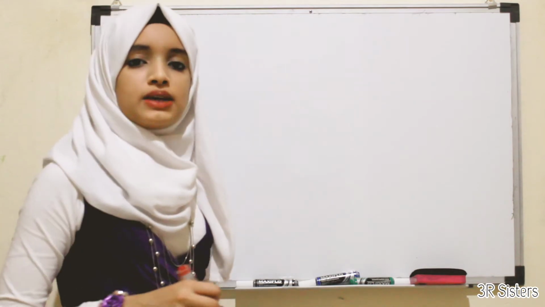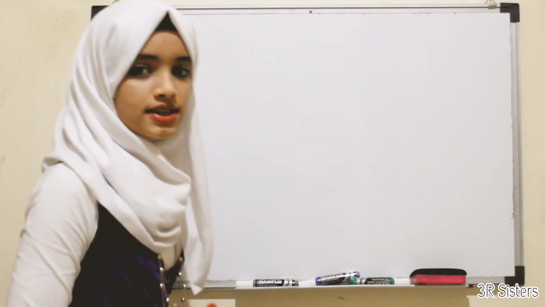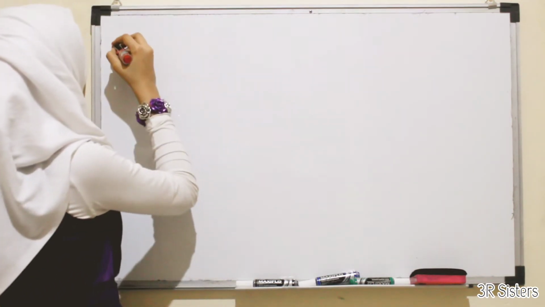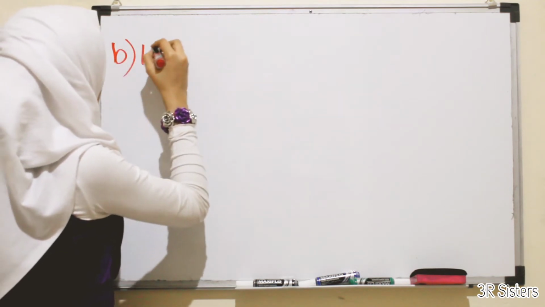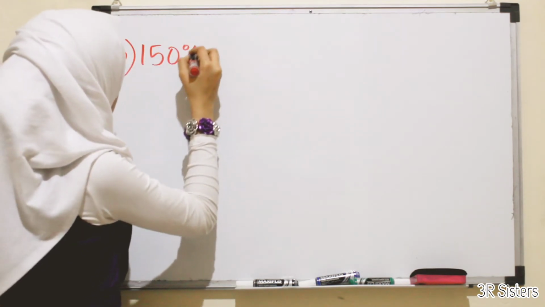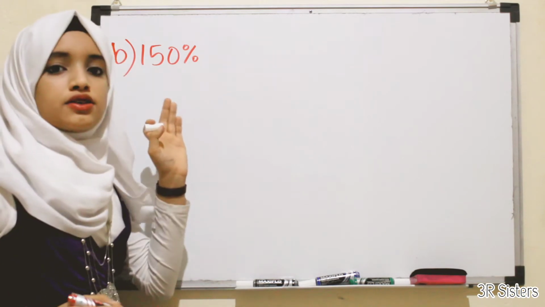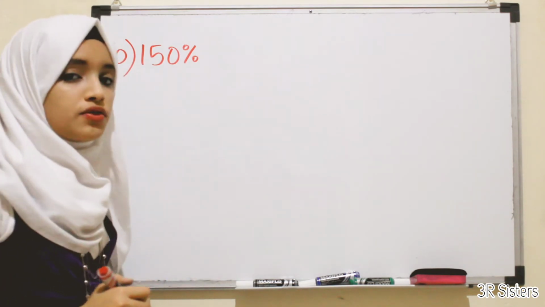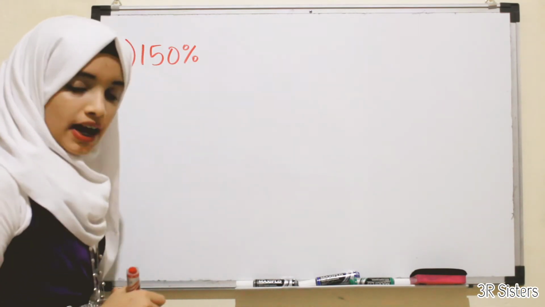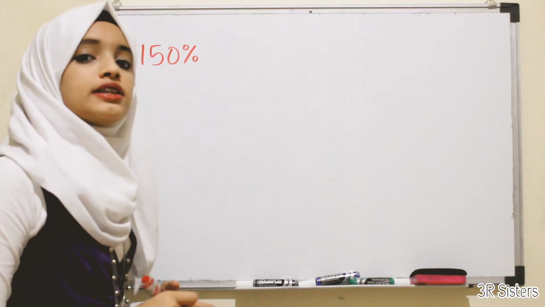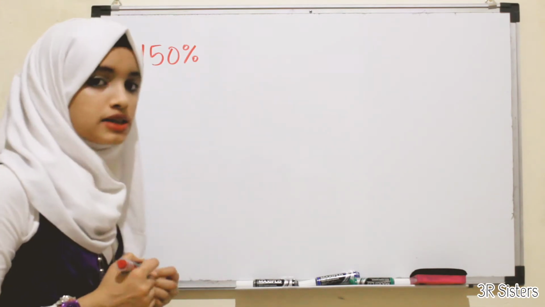Now, what is the B question? B question is 150%. So we have to convert this 150% to a decimal fraction and also to its simplest form.